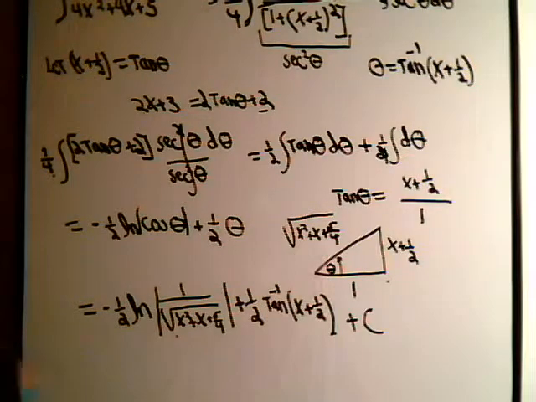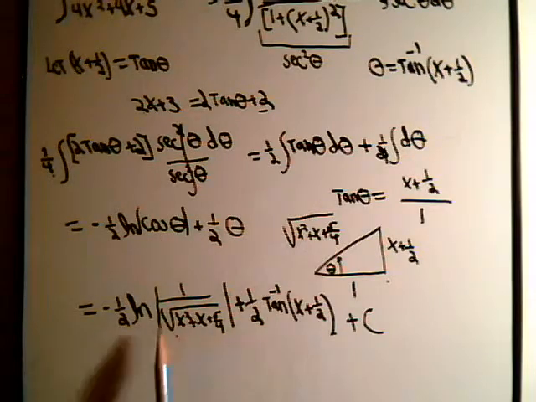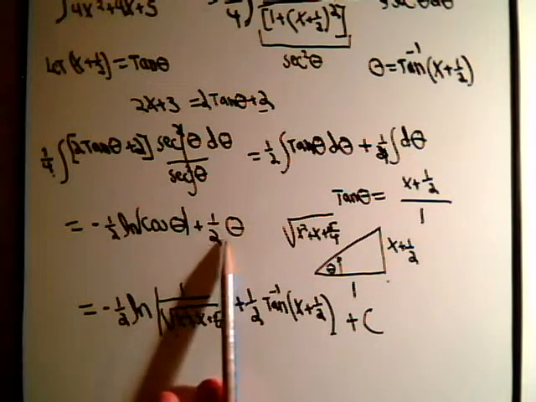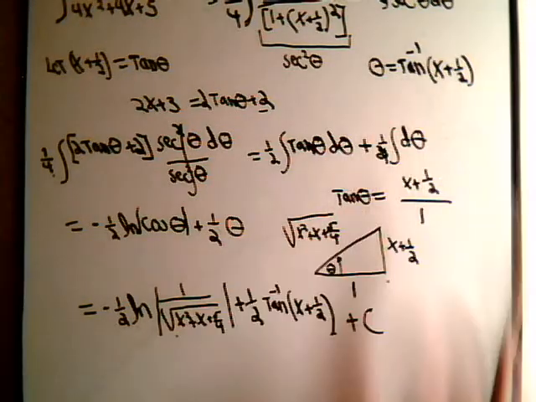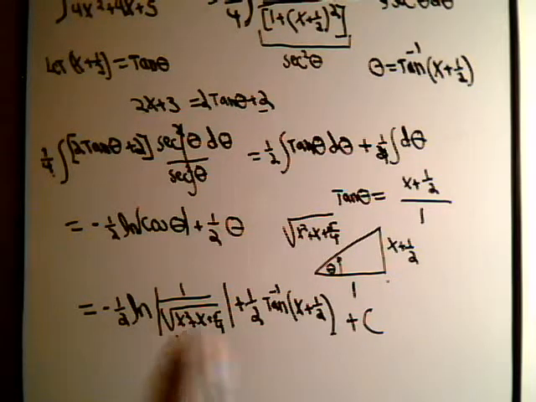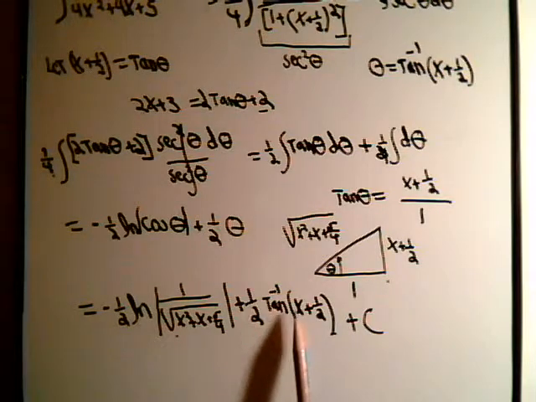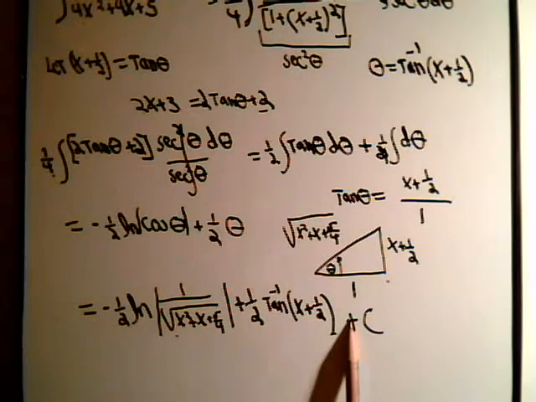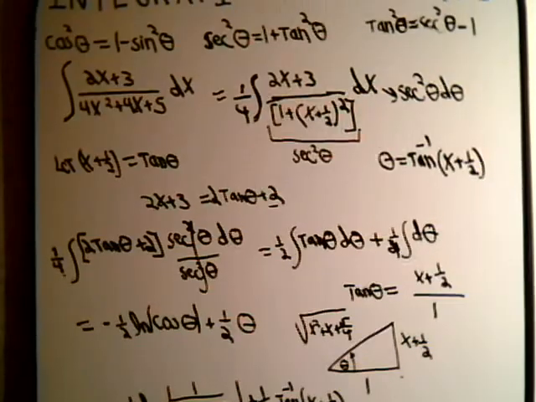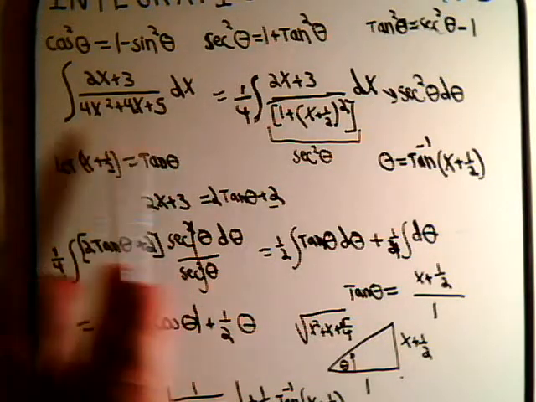So finally then, we could substitute the cosine of theta from this triangle. We got this, and from theta, we already had that figured out. So minus 1/2 the natural log of 1 over the square root, plus 1/2 the inverse tangent of x plus 1/2, plus an arbitrary constant of integration should be the solution to this integral right here.